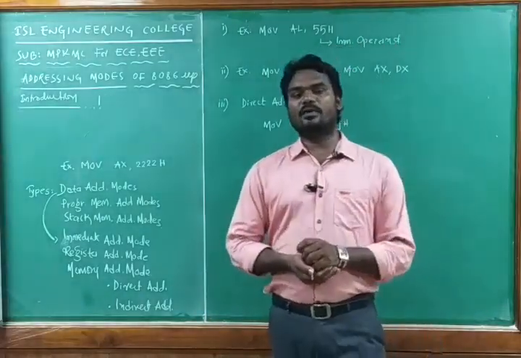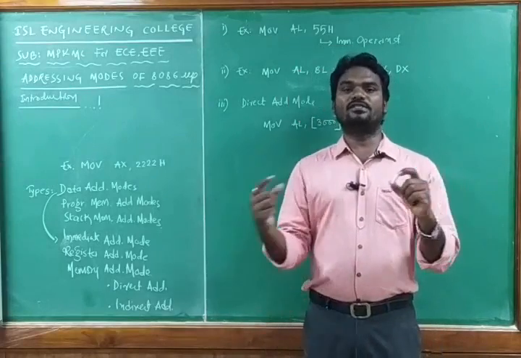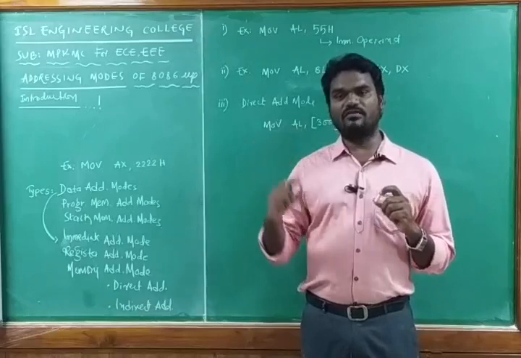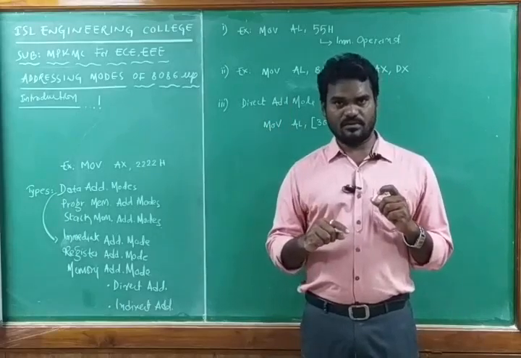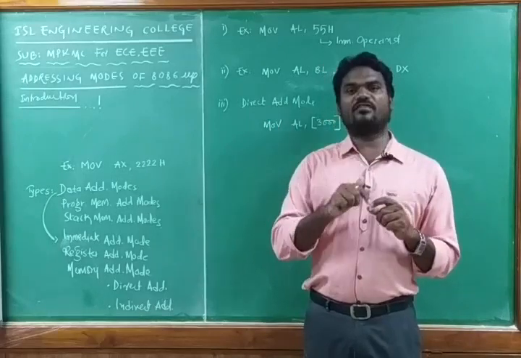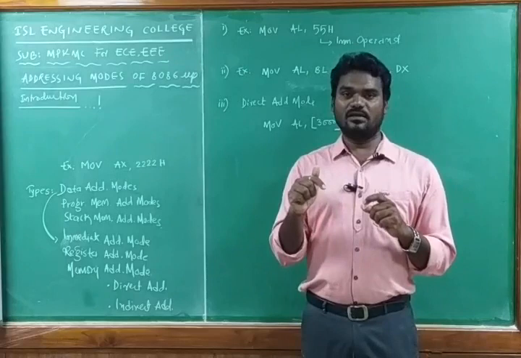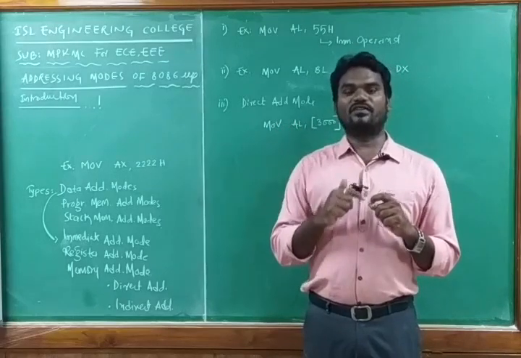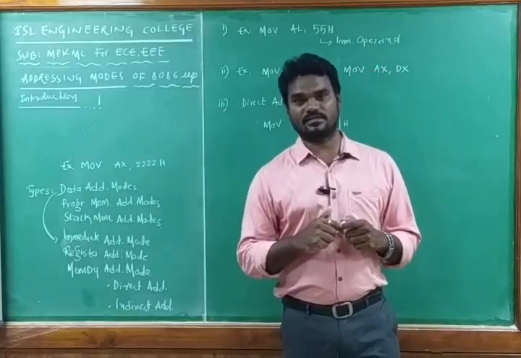For example, I am giving 55H to the 8086 microprocessor. 55 is a hexadecimal number because we are representing H. On this 55H, the 8086 microprocessor instruction set is going to operate. So this 55H is named as operand.